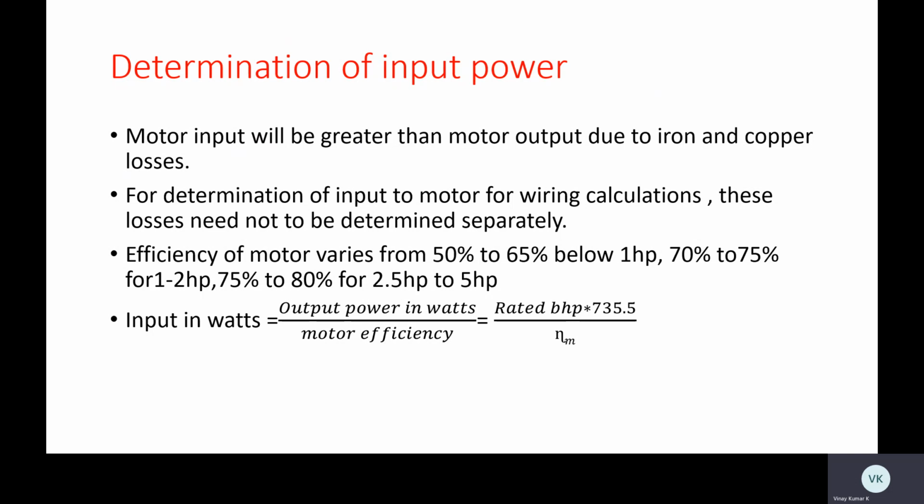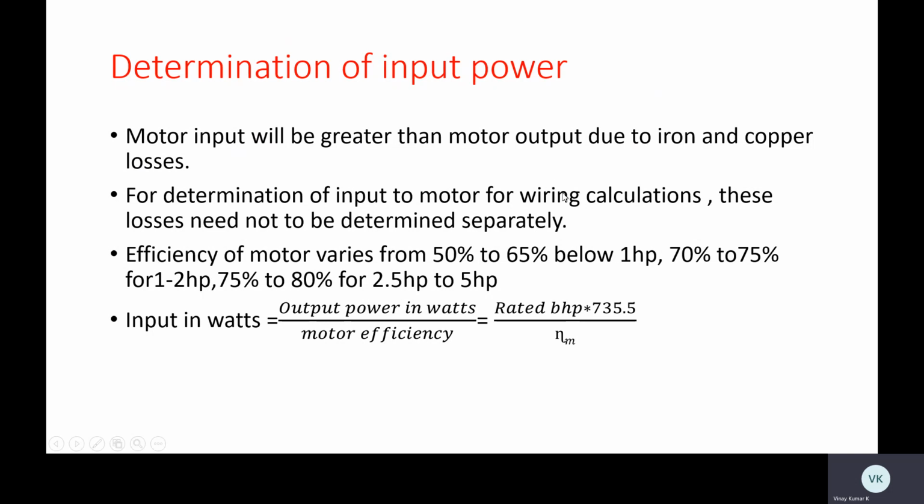65% for below 1 HP motors, 70 to 75% for 1 to 2 HP motors, 75 to 80% for 2.5 HP to 5 HP motors. So as we know, the power in the motors is calculated based upon the horsepower, HP. As HP varies, the efficiency of the motor also varies.